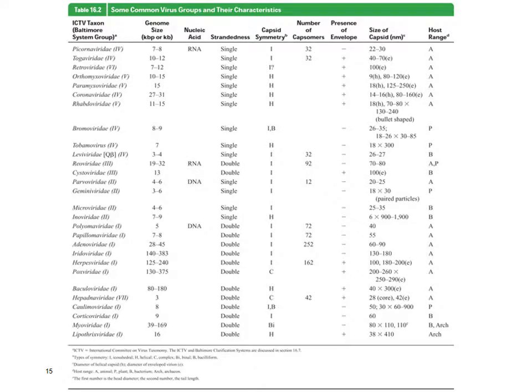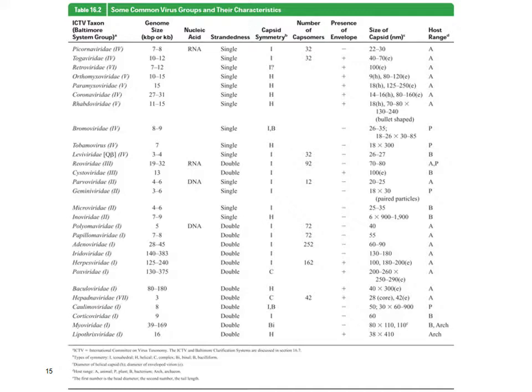This table summarises some of the common virus families and the characteristics used to classify them. Let's look at just one example. The first one in the table, Picornaviridae.